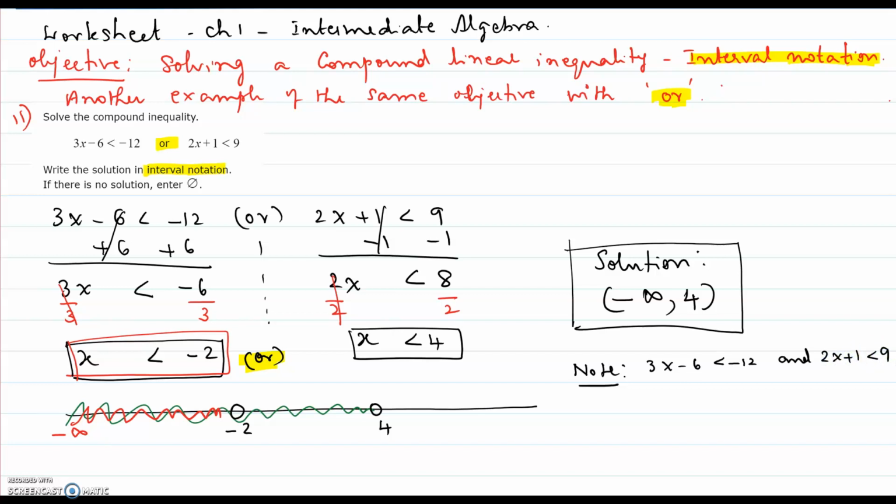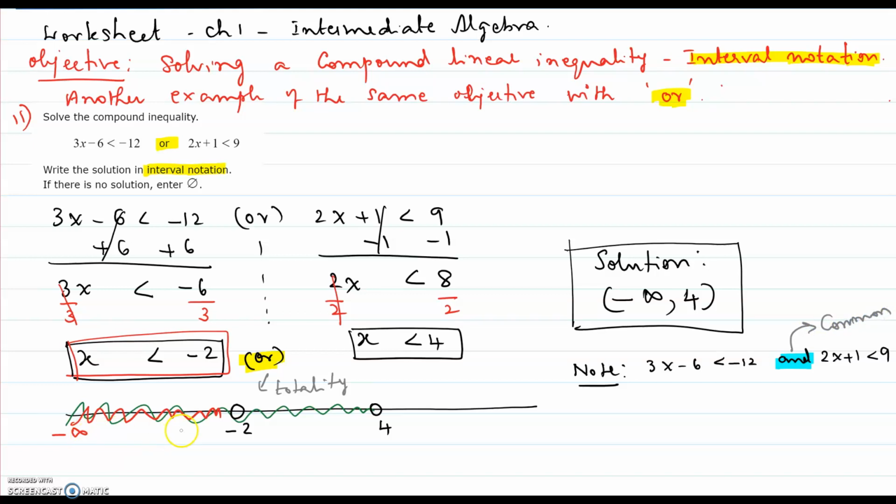If the same problem was given with the AND statement, then the answer would change slightly differently. So we have to still look at this graph over here. Here AND means common, OR means totality. And means common.